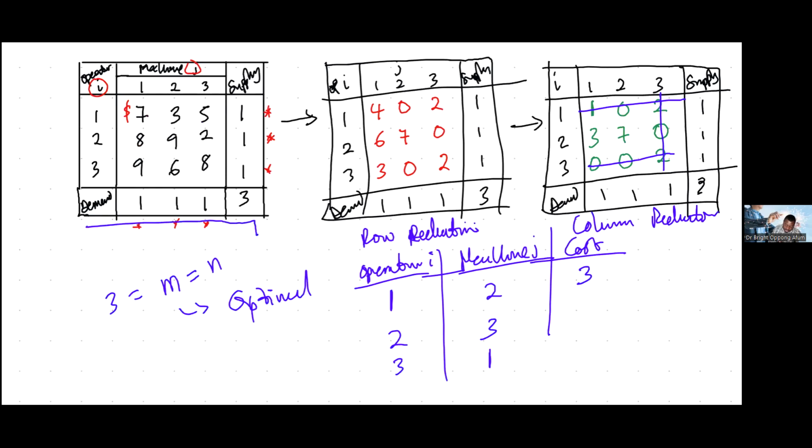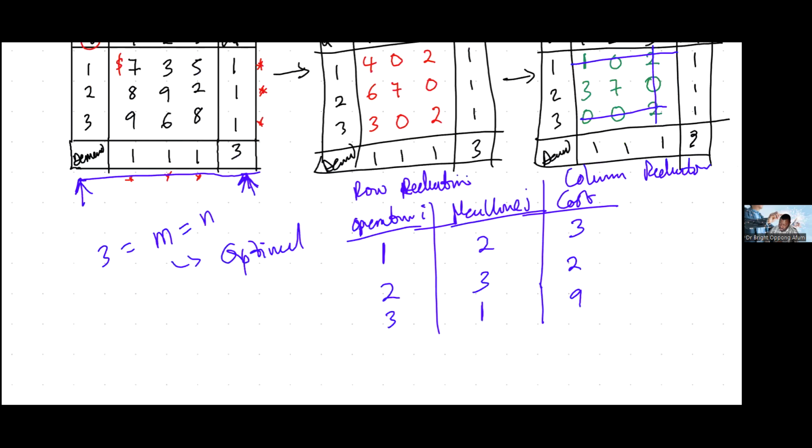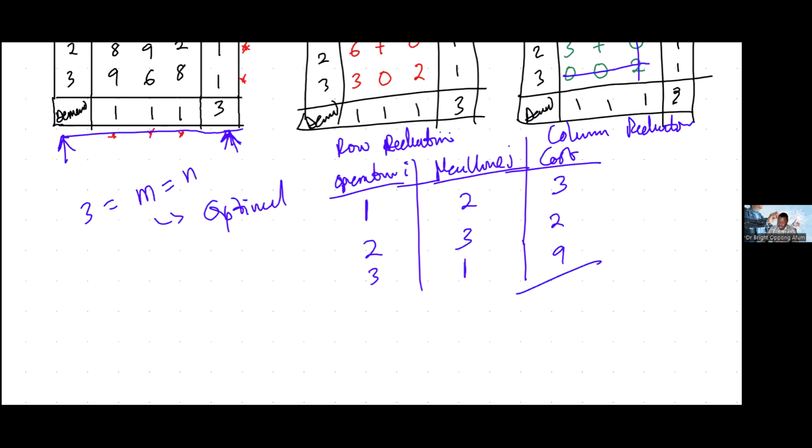We read the cost from the original table. So the total cost is 3 plus 2 plus 9, and that is 14. So the total cost of assignment is 14.